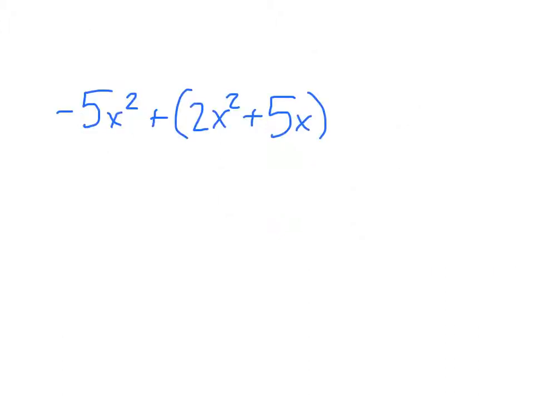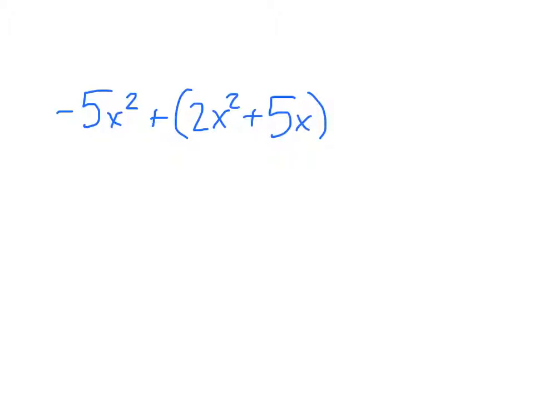So let's go ahead and practice adding some of these polynomials together, okay? So we have negative 5x squared plus, and then in parentheses, 2x squared plus 5x. Now, don't let the parentheses trip you up, okay? Just because they're there doesn't mean that we're necessarily multiplying anything.